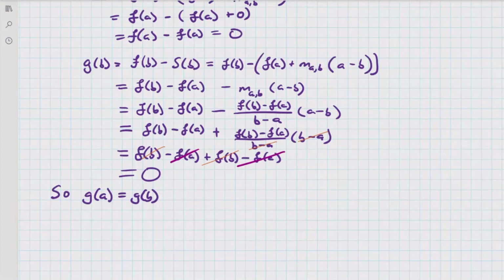I literally just did this when I typed up the notes. Hold on. F of b minus f of a, that's correct. I distributed my negative.